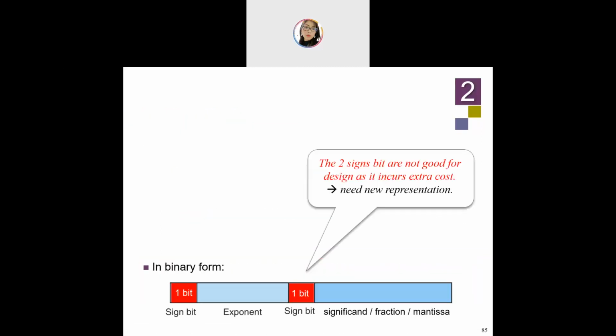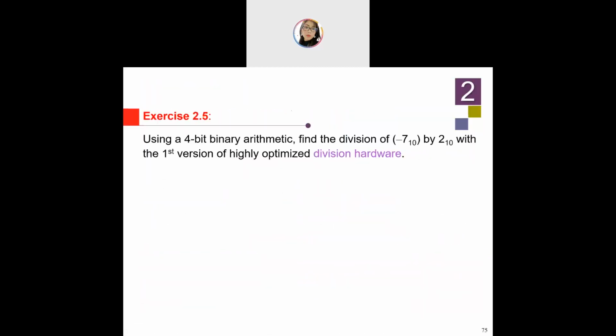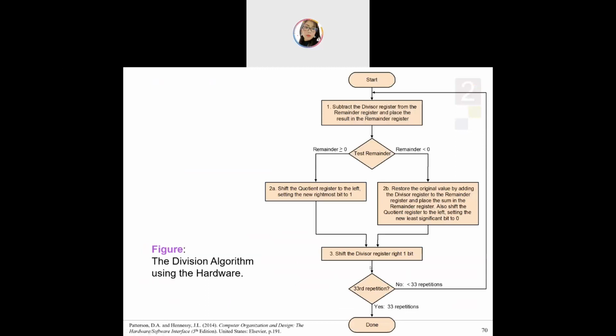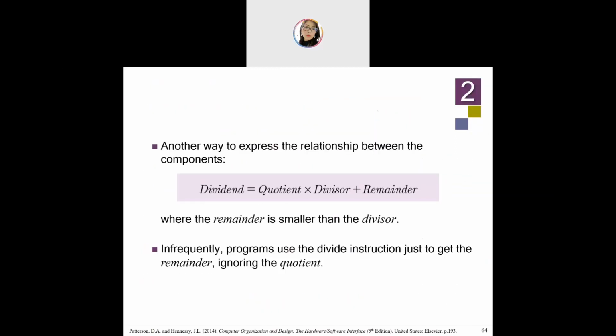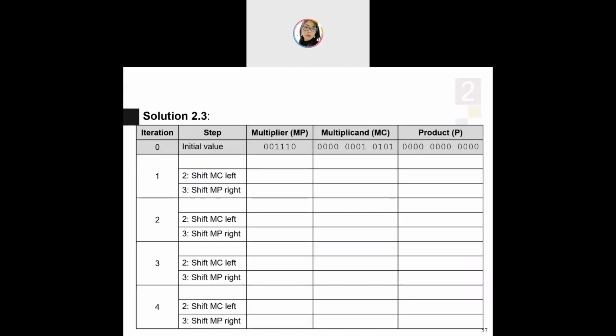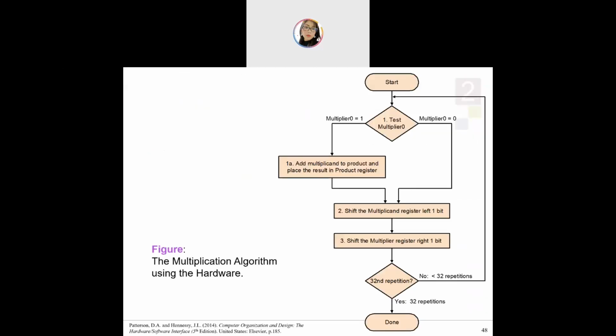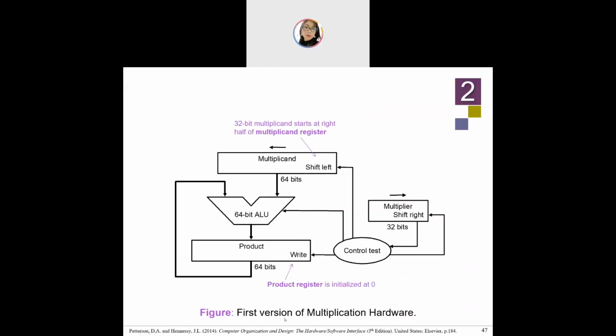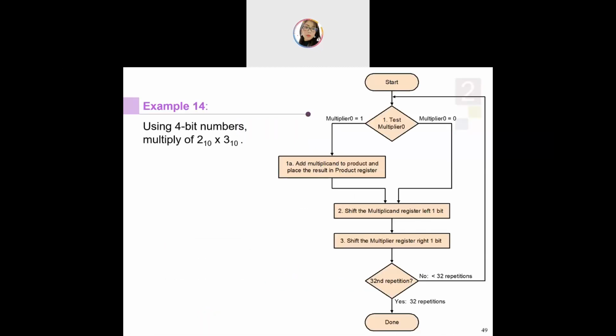But the thing is, I already mentioned these two things: the first version multiplication hardware and the first version division hardware will come out. It is a must question. That's why you need to try.